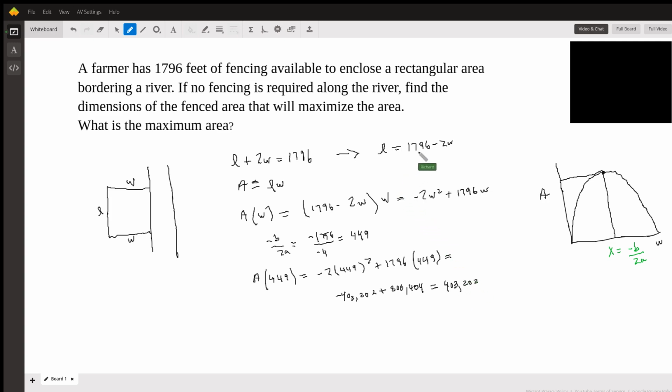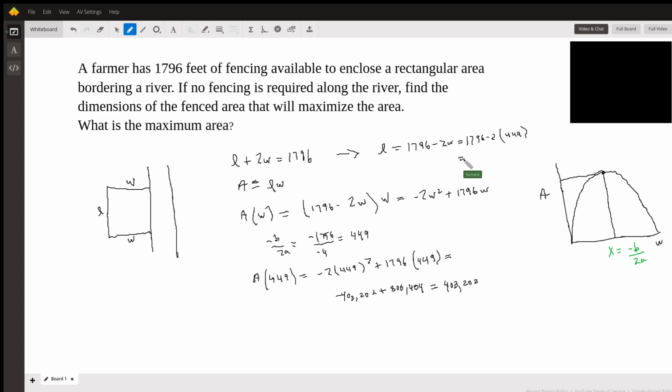If we want the length, we just go back up here. 1796 minus 2 times 449.